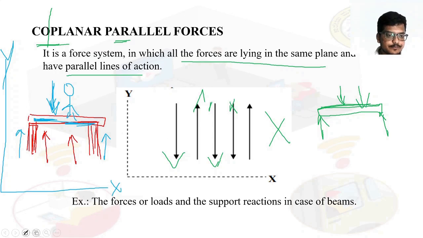So this force is parallel to this force. See, the legs' force is parallel to this force, and the weight of the person is also parallel to this force. Weight is like this, the leg force is upward, the reaction is like this. So these are called coplanar parallel forces.